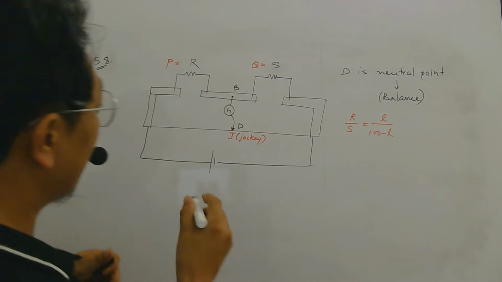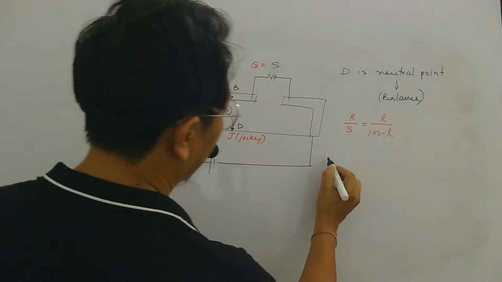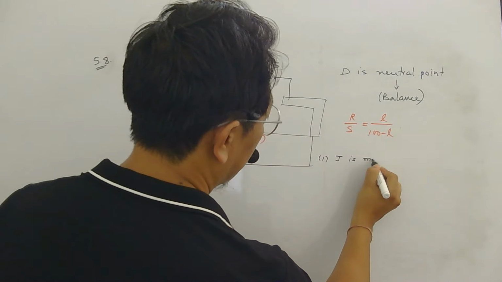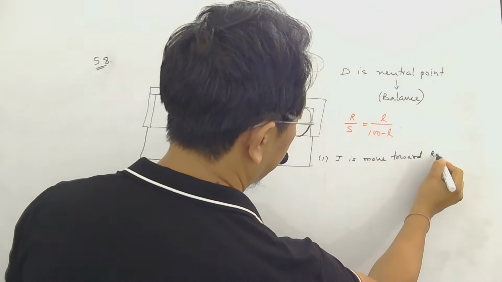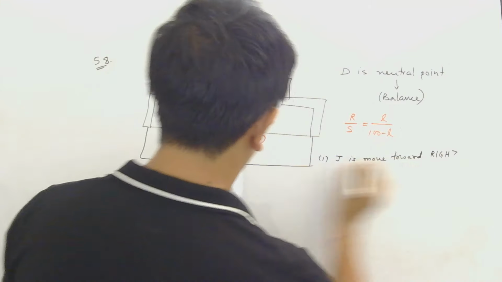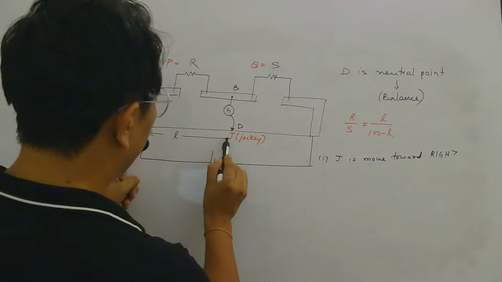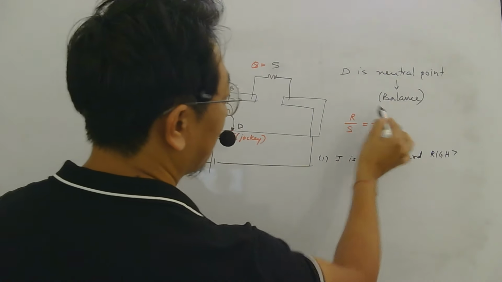Now they are saying if this jockey is moved towards the right, this side, then what will happen? This length will become more than the balance length, so this will increase.